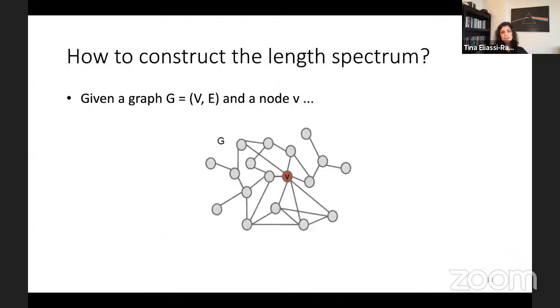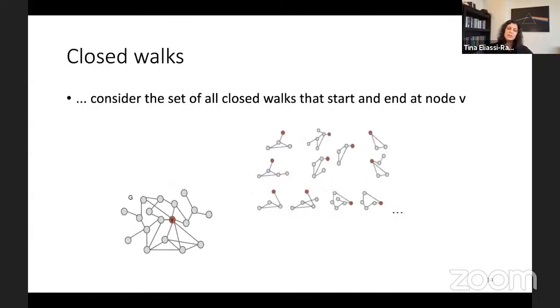So how do I construct this length spectrum? Given a particular graph and a node, and this node is called the base point, I'm going to consider the set of all closed walks that start and end at that particular node. So I get this graph, I pick a particular node, I'm going to call it a base point, and I'm going to look at the set of all closed walks that start and end at that point.